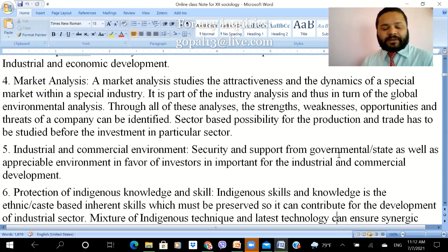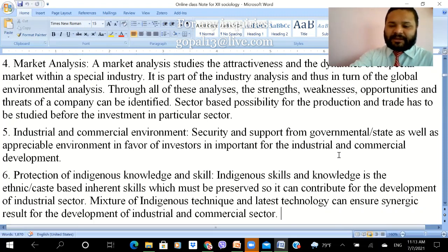So there must be protection of indigenous knowledge, and if we use indigenous knowledge and skill and merge it with technology, things would become highly effective, and then there will be synergic return. Synergic means 2 plus 2 equals 5. Whenever two bond together, that brings a value of 5, not 4. Okay, mathematically it is 4, but synergically it is 5.